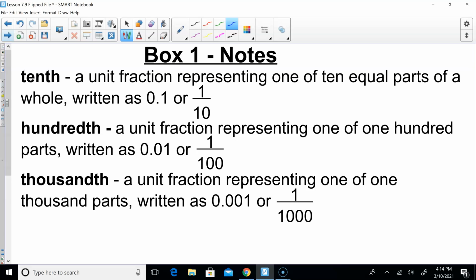And a thousandth is a unit fraction representing one of 1,000 parts, written as 0.001 or 1/1000. Those are fun words to say, adding the TH to the end. Write down these words to keep track of tenth, hundredth, and thousandth. They sound very familiar, like tens, hundreds, and thousands in whole numbers, but these all end with that TH ending.